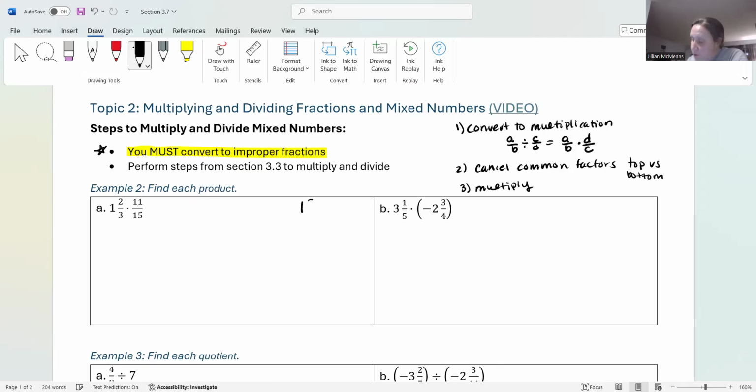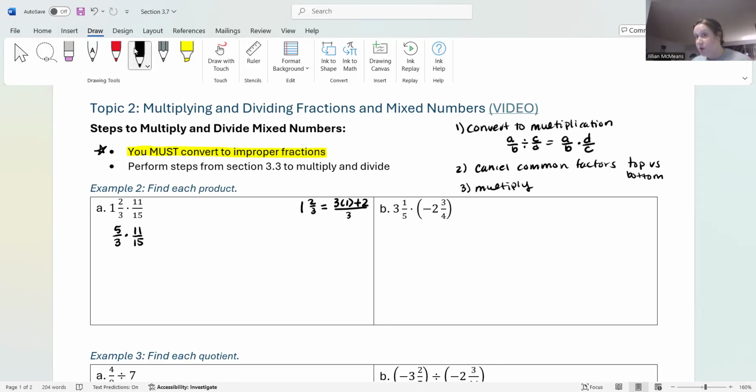The way we would convert this is you take your denominator times your whole number, and then you add your numerator and then you put it all back over the original denominator. So 3 times 1 is 3, plus 2 is 5, and then we're going to keep it over 3. So this is really 5/3. And then we're going to multiply that by 11/15.